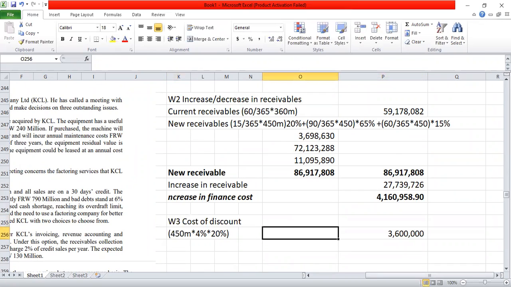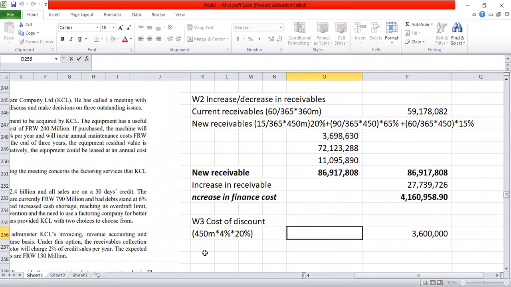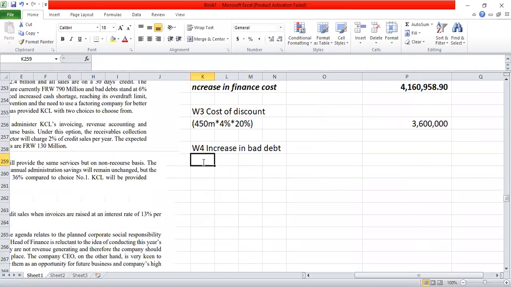So what is remaining is just to arrange my data now. It is an increase in bad debt. I make it working for increase in bad debt. Our current bad debt is 2%.